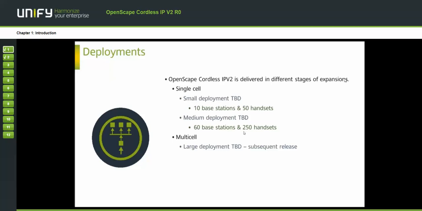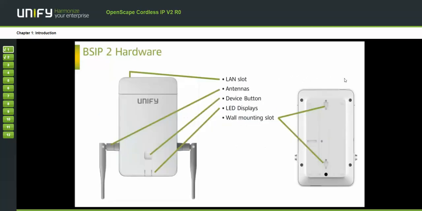Then having a closer look at the hardware, the BSIP2 workstations have the LAN slot. They have their antennas, which are now mounted at each side of it. We have the device button. We have the LEDs, and we have the wall mounting slots. Please note that the size and the wall mounting slot is made in a way that you can just replace the BSIP1 by the BSIP2 base stations.